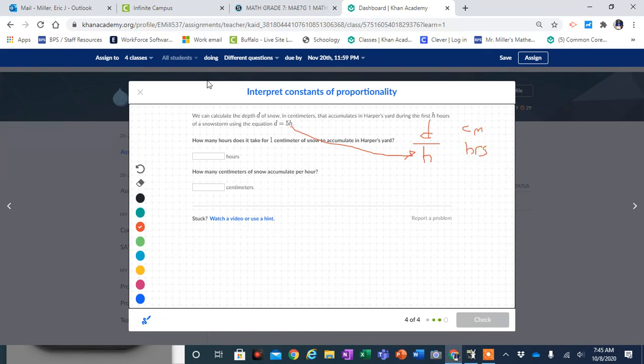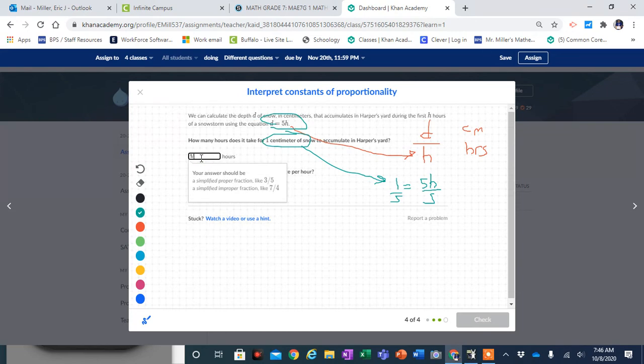Now, they want to know for 1 centimeter. So we could use the equation to solve. 1 centimeter would be D, so 1 equals 5H. Then you would divide by 5 and divide by 5. So that would be 1/5.